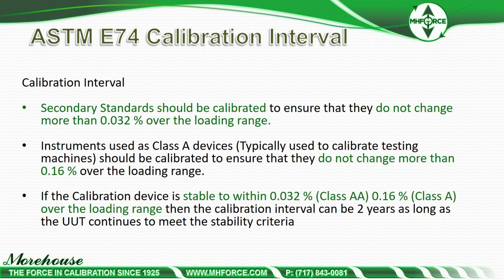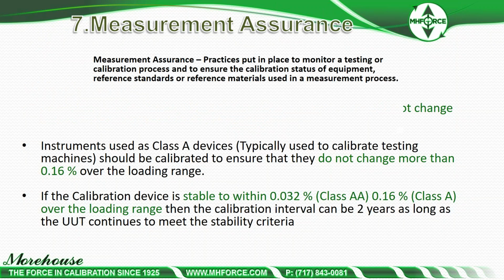If nothing has changed by more than 0.16% over that loading range, then ASTM allows you to set the calibration for 2 years for Class A. And if it hasn't changed by more than 0.032% for Class AA, then that can go to 2 years as well. For Class AA, it's recommended that it be a little less, but it allows you to do it if it meets 0.032%.